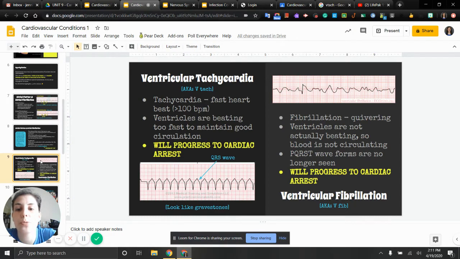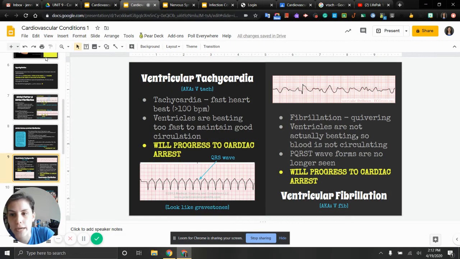Okay, so the ventricles are beating too fast to maintain good circulation. We are not pumping out enough blood to maintain our vital organs so they continue to work. Okay, so this will progress to cardiac arrest or a stopping of the heart. Okay, so if we look at this down here, all of these bumps are actually the QRS wave.